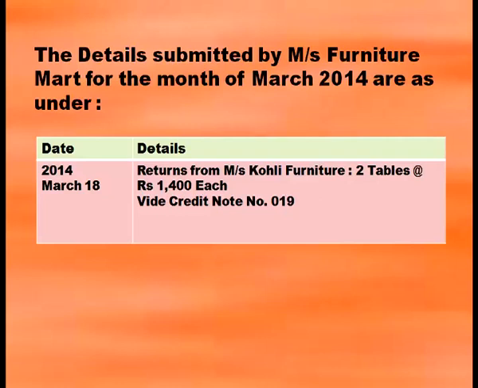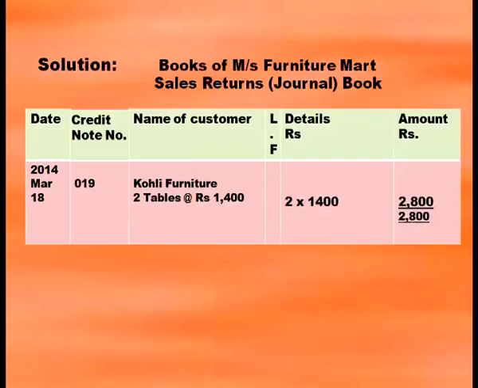Date is given. Returns from Messrs Kohli Furniture, 2 tables at rupees 1,400 each. So, Kohli Furniture returned goods. So, you have to prepare sales returns book with proper heading.